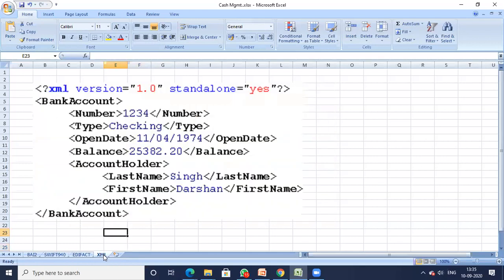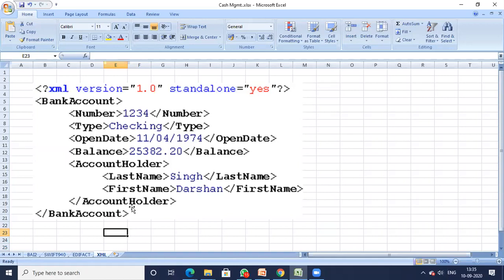And then you have XML, which you have usually heard a lot, the extensible markup language. This is a markup language that defines a set of rules for encoding documents in a format that is both human readable and machine readable. This is how this format looks.